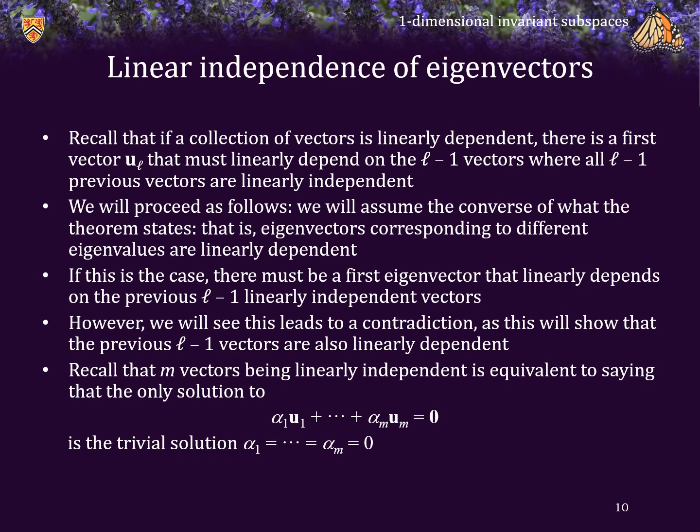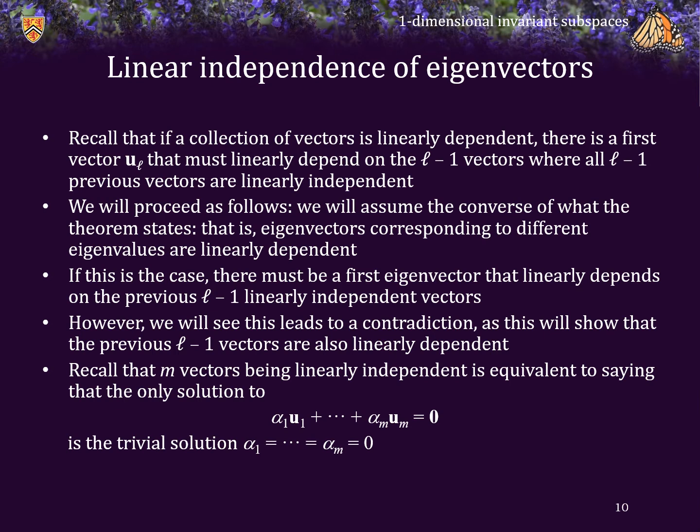We will assume the converse to what the theorem states, that is, eigenvectors corresponding to different eigenvalues are nevertheless linearly dependent. If this is the case, then there must be a first eigenvector that linearly depends on the previous L-1 linearly independent vectors. However, we will see that this leads to a contradiction, as this will show that the previous L-1 vectors must also be linearly dependent.